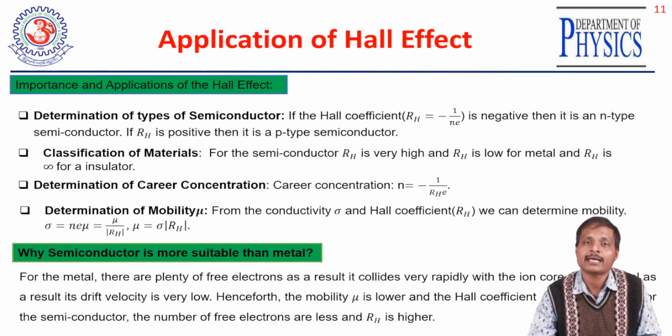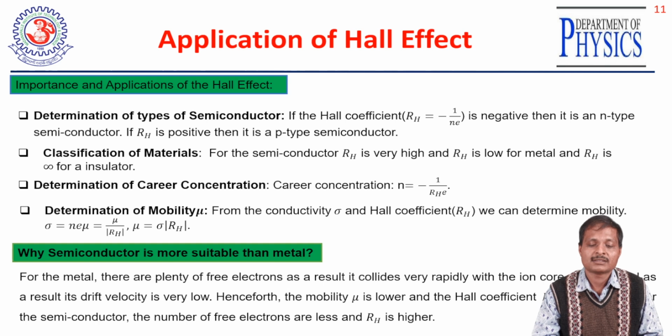That means RH is very small. RH is infinity for the case of an insulator, because there is no free electron at all. All the electrons are bound in an insulator. That means RH is infinite here.